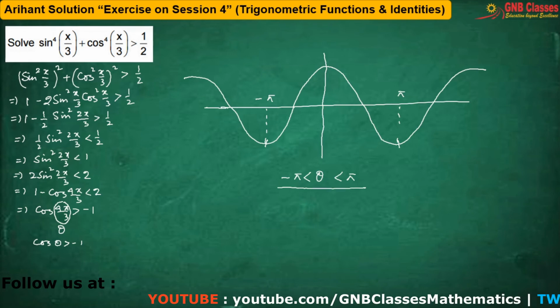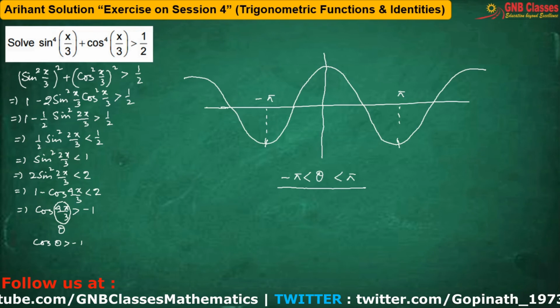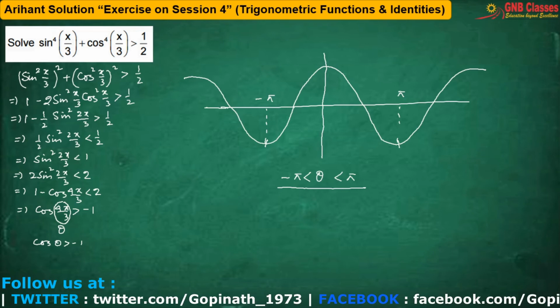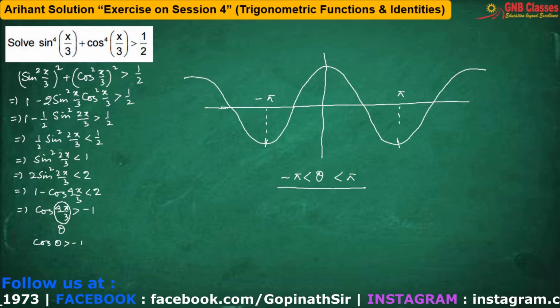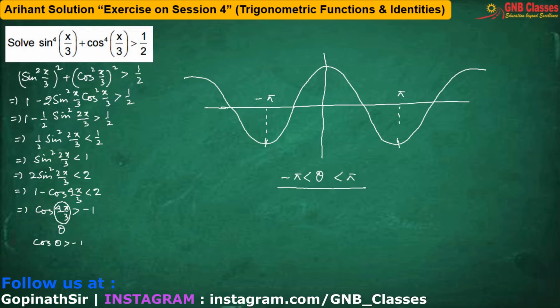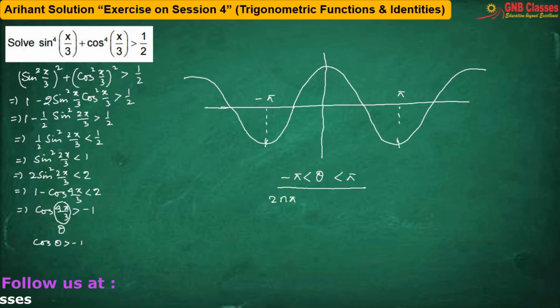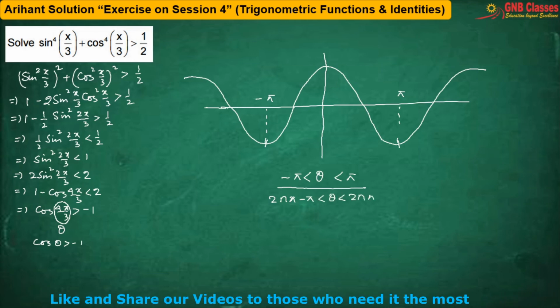Within this range, your cos theta will be greater than minus 1. Now, since we have to find out the general solution set, all we do is we add up the period of the function cos theta. The period of the function cos theta is 2 pi. Therefore, we have to add 2n pi on all sides to get the general solution set for theta.